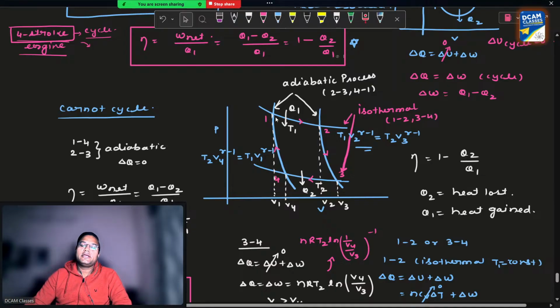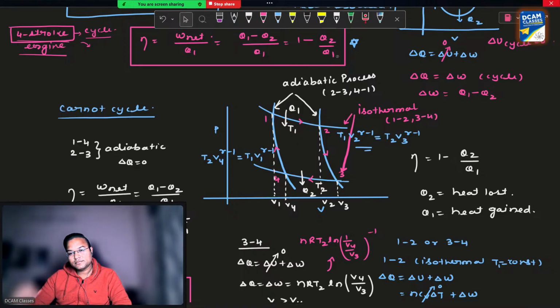But again, you cannot think like this because pressure is also changing, na? Yes, Haripriya? Pressure is also changing, na? What's the other way to analyze?